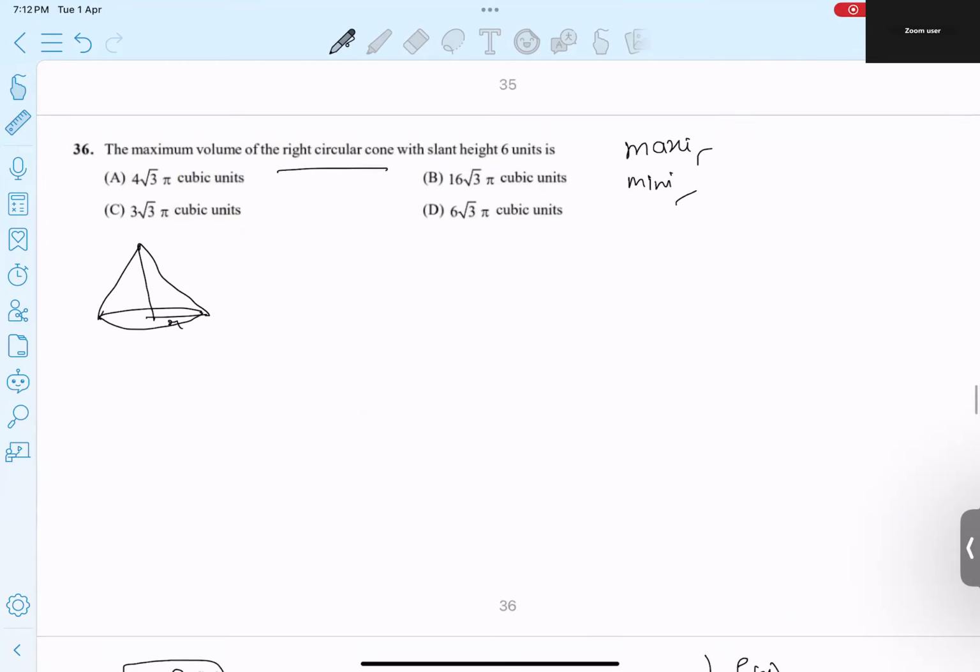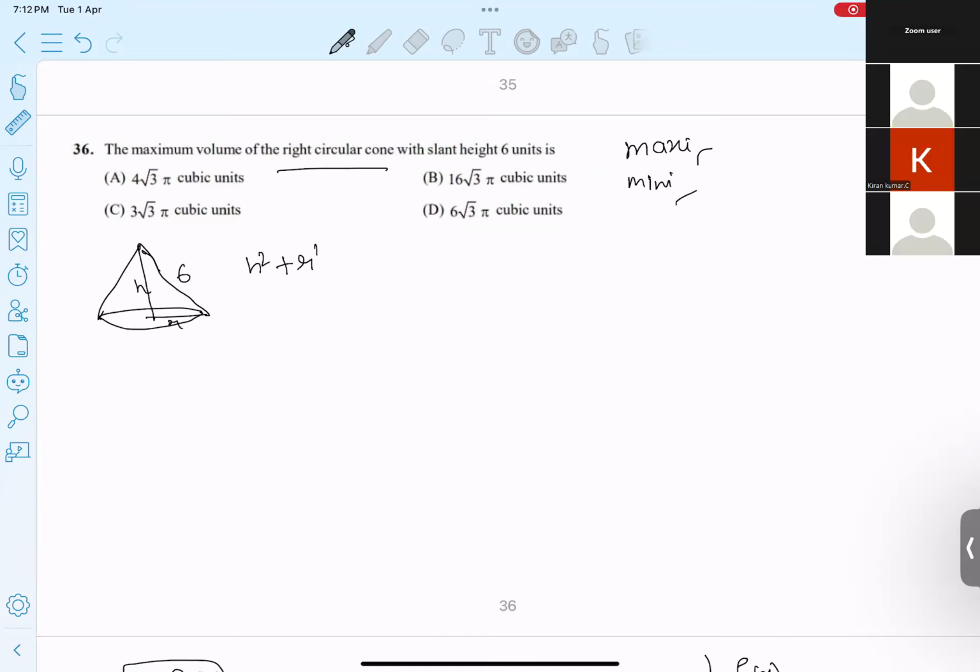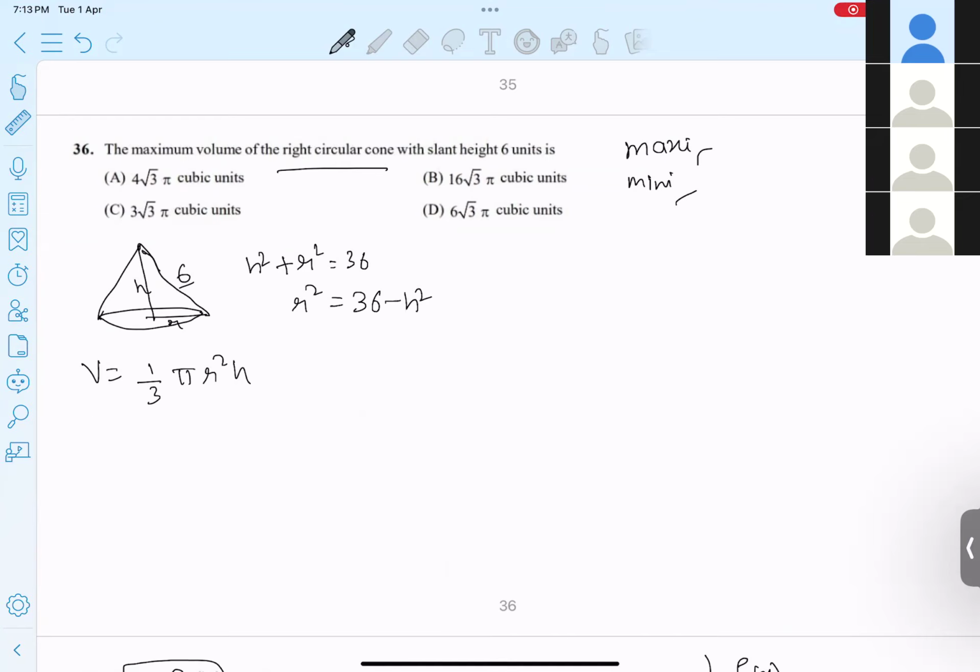Let us call this as r, this as h, and the slant height is given by 6. I can apply the Pythagorean theorem which says h square plus r square is equal to 6 square, that is 36. Now, volume of a cone formula is 1 by 3 pi r square h. So r square can be written as 36 minus h square.